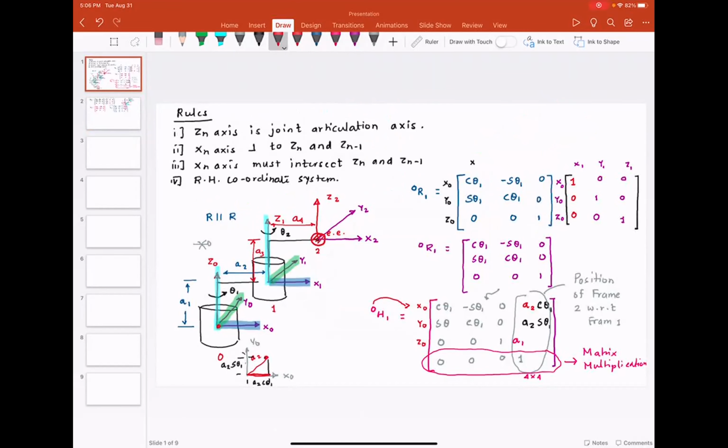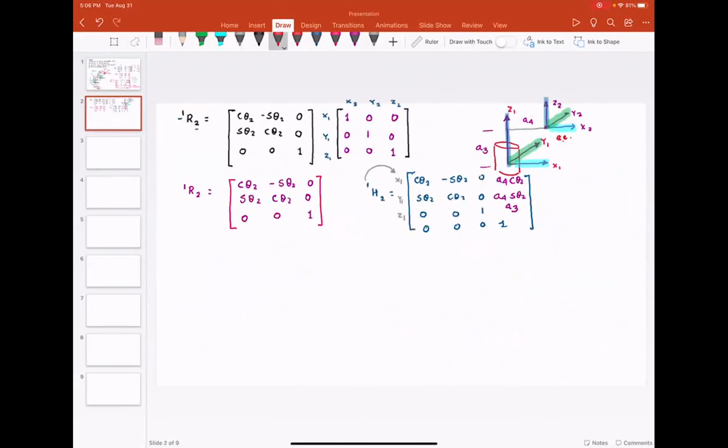Base frame is called inertial frame. This frame is fixed, and sometimes it's denoted like this. This is called the inertial frame. Remember this. Everything we do is with respect to the inertial frame, because that makes our life easy. So, I'm going to rewrite this. I want to find out 0H3.